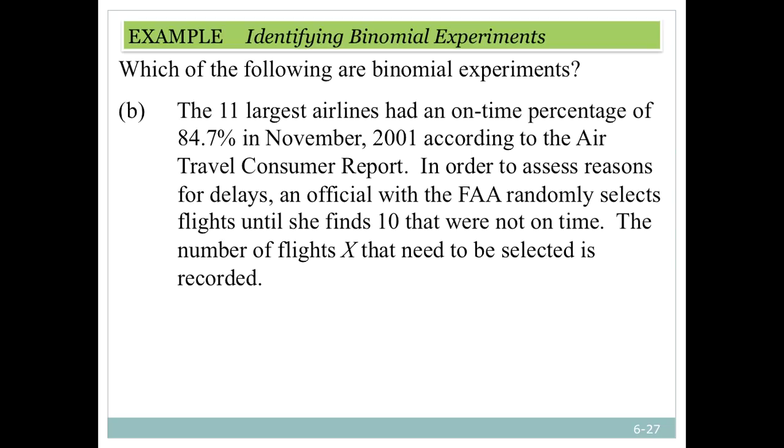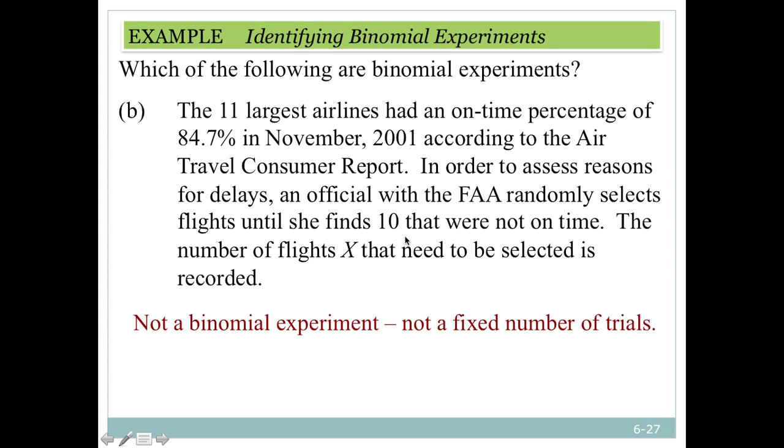Now, I see an issue with this one because we don't know how many flights she has to actually select. She might only have to select 10 flights, or maybe she has to select 100 flights or 200 flights. It doesn't tell us exactly how many flights she selects because she's selecting until she finds 10 that were not on time. So there's not a fixed number of trials, so this is not going to be a binomial experiment.